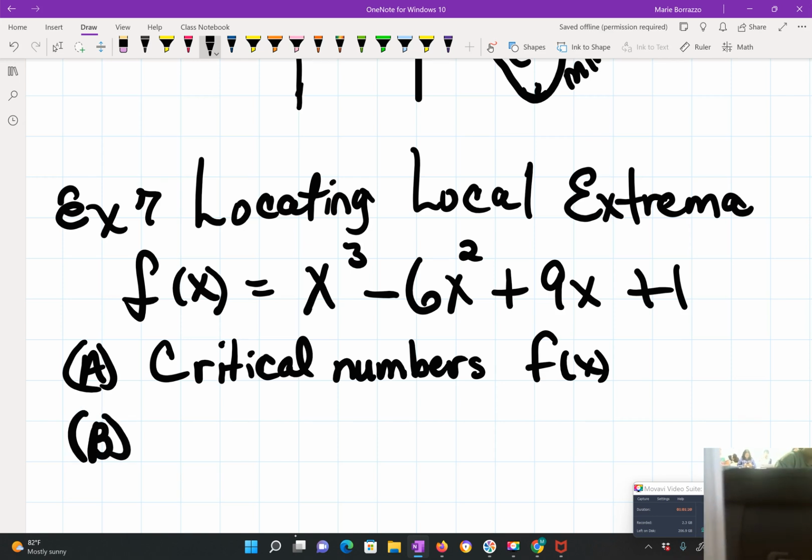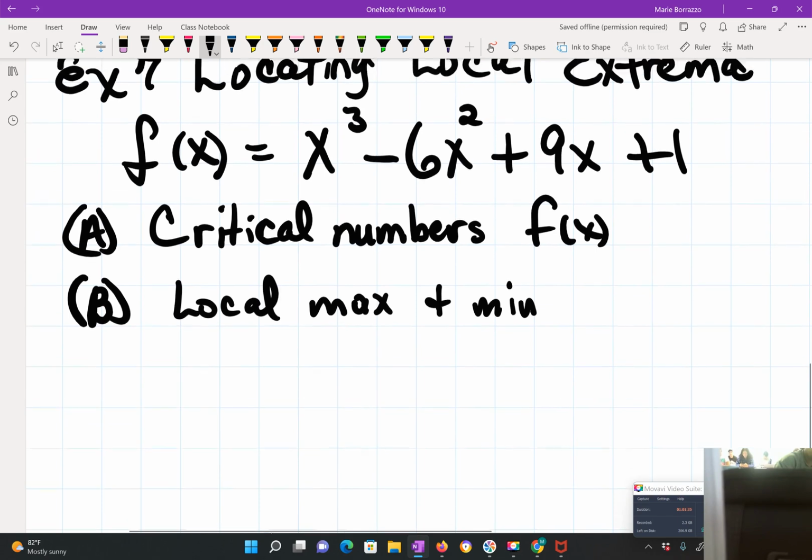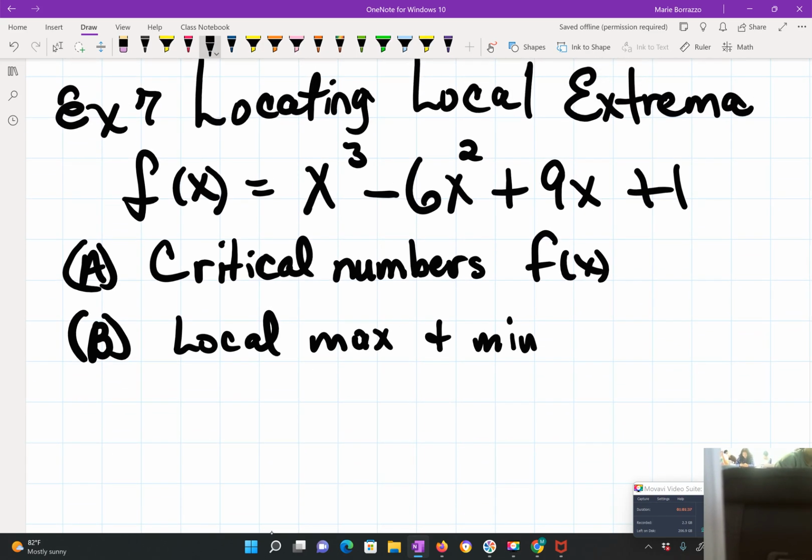In part B, find the local maximum and minimum. We're almost done. Hang in there. And sketch the graph, which we're going to sketch using Desmos.